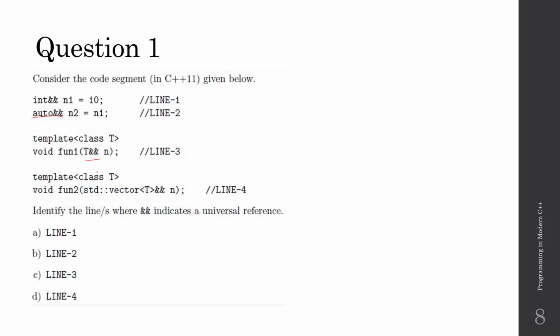The data type is not specified. So the universal references here are this auto ampersand and T ampersand. The other ones have their types specified. For example, this one is an integer and this one is a vector. Although the kind of vector is not specified, it's a vector, so it's not universal. So here the answer will be B and C. They are universal references.